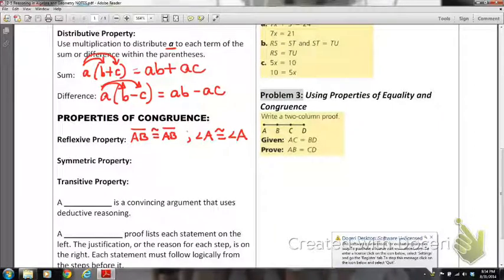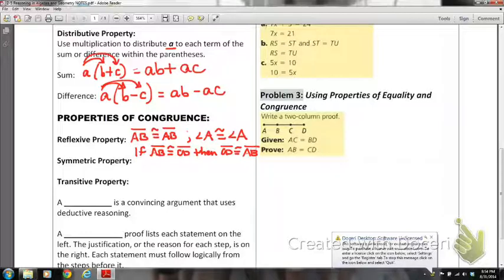They're equal to themselves. Symmetric property for segments says if segment AB is congruent to segment CD, then I can switch those and say that segment CD is congruent to segment AB.